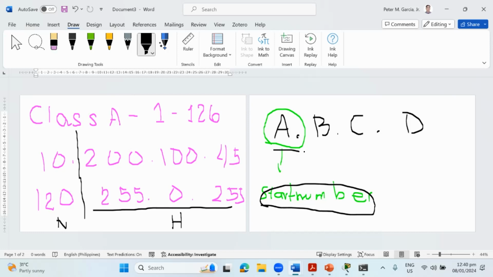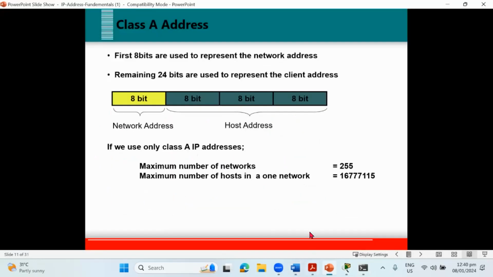Malalaman nyo na class A siya from 1 to 126 ang simula. Then, ang magiging hatian, yung unang octet will be for the network and the remaining for the host. Tandaan nyo yan kasi that will be part of the exam kung paano natin nahatiin. So later on, may sample tayo. So that is class A.